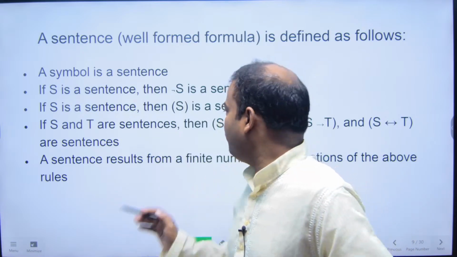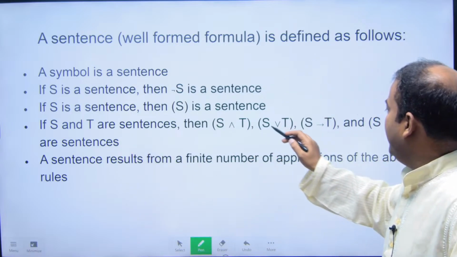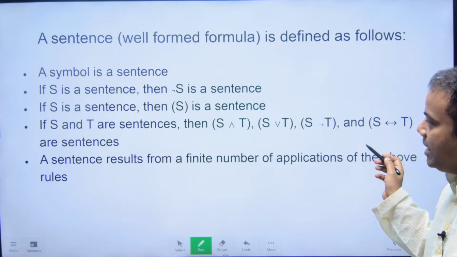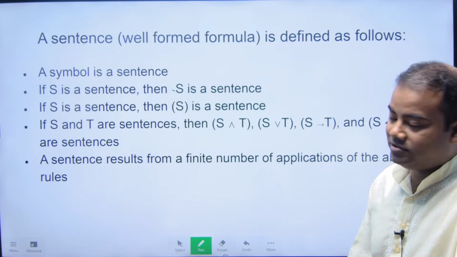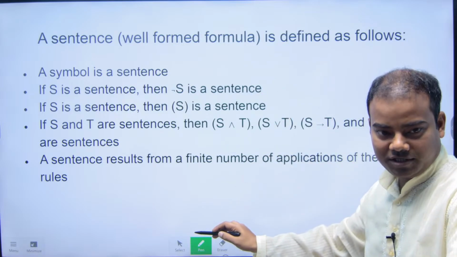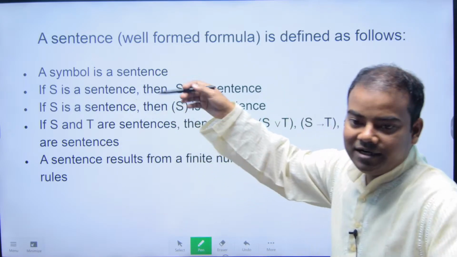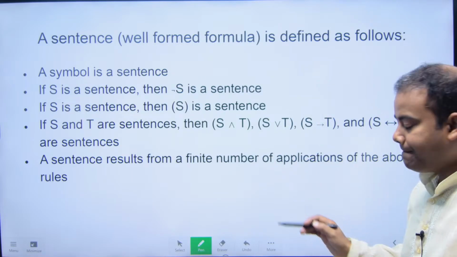So for that you use brackets. Similarly, if you apply and, or, the conditional and the biconditional, then that is also a statement, a well-formed formula. This well-formed formula is for propositional logic. Repeated application of all these is called a well-formed formula. Okay.